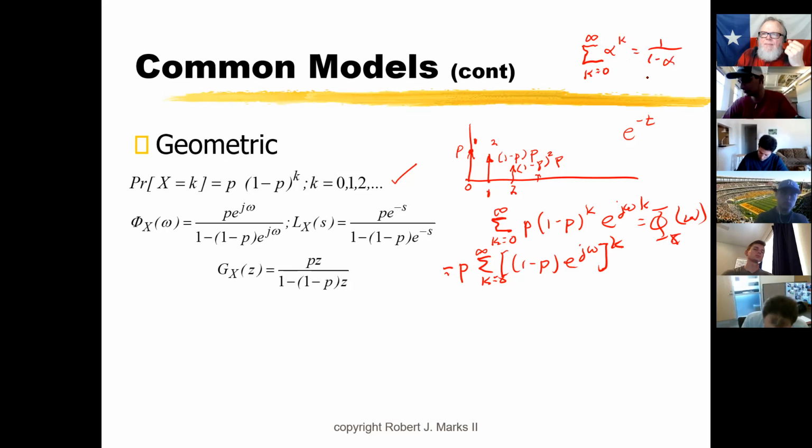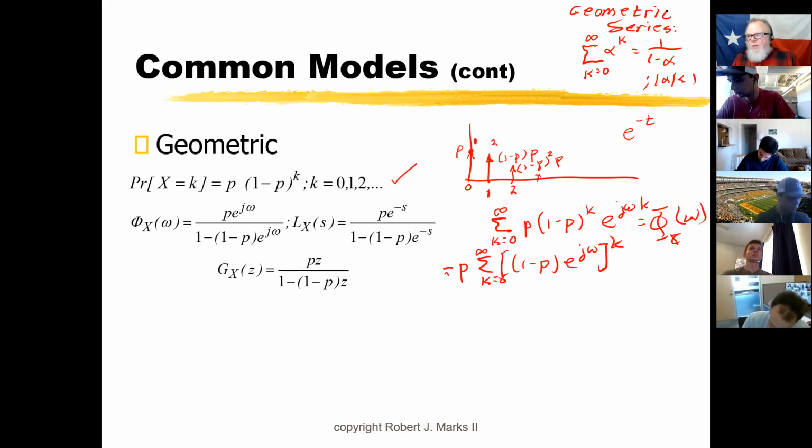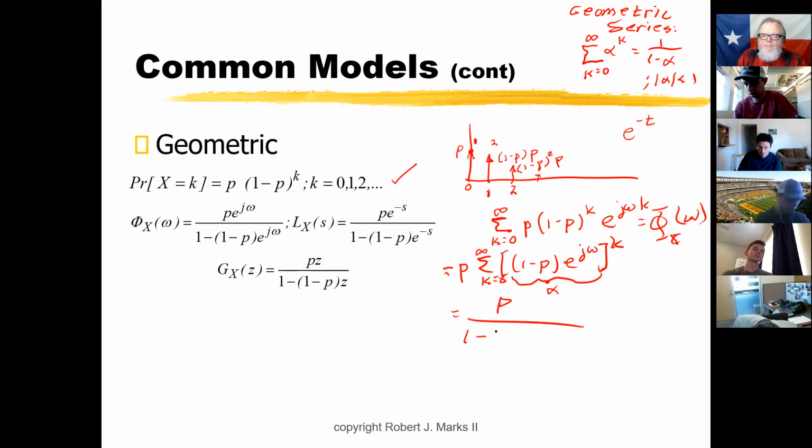Do you remember that? This is called the geometric series. Hopefully you remember us deriving this in class a few lectures back. This being the case, this is P, and all of this is my alpha, if you will. So it's P divided by 1 minus P e to the j omega.